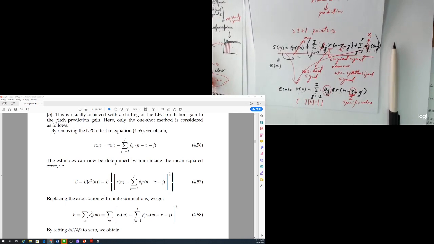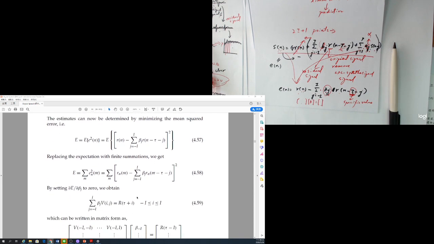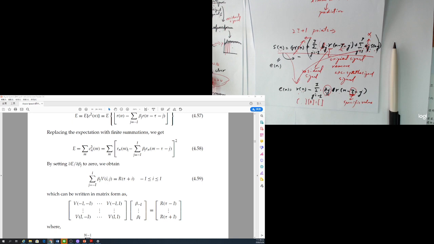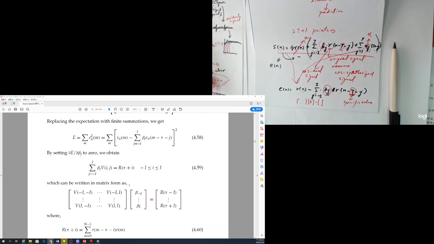We do the same work: take the square and try to minimize the error. We replace the expectation with a finite summation. You can see we can do the same work. This is similar to linear prediction, so you can get your beta for a given tau.